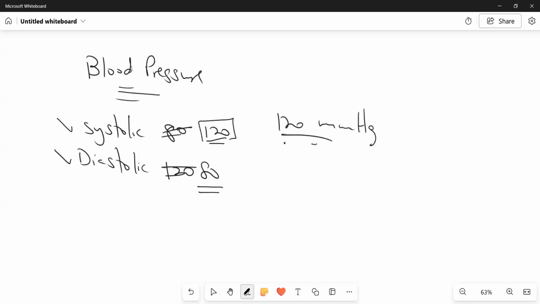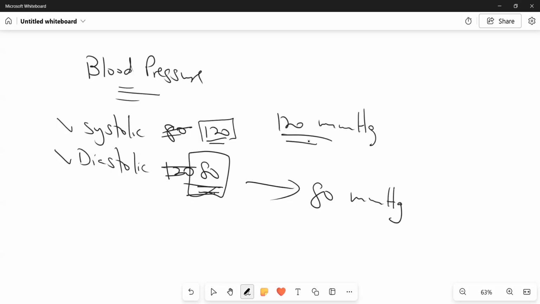That's the pressure your heart has to exert to push blood around your body. And this 80 is when the heart relaxes, and the arteries now push blood into the heart. It pushes the blood at 80 millimeters.